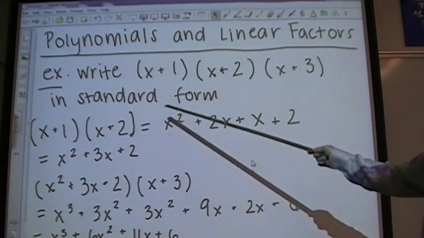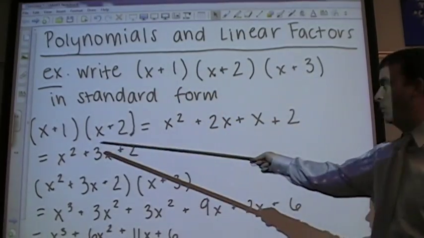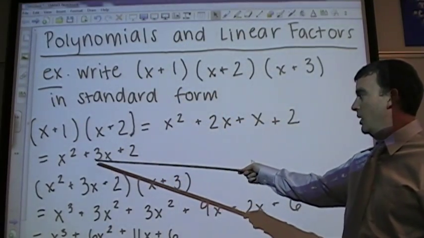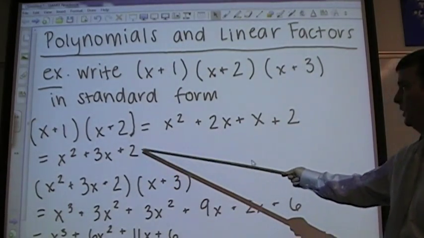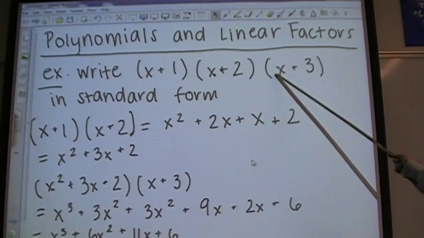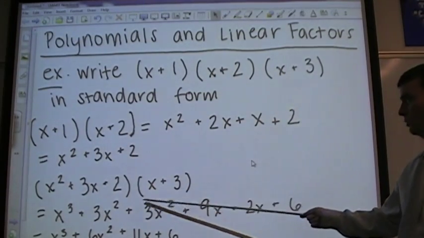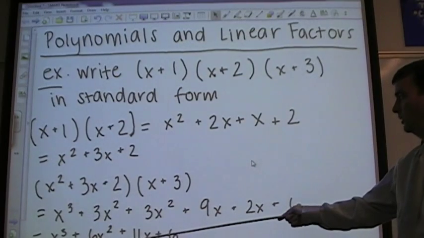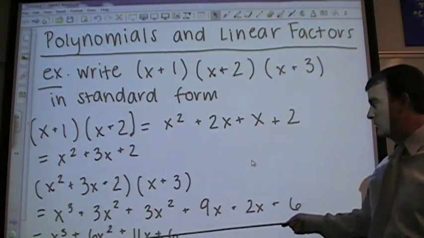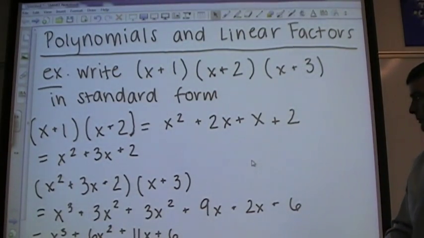Okay, I FOILed the first two and ended up with x squared plus 3x plus 2. I took that result and multiplied it by the last factor, which is x plus 3, and you should have ended up with x cubed plus 6x squared plus 11x plus 6 as your final answer.